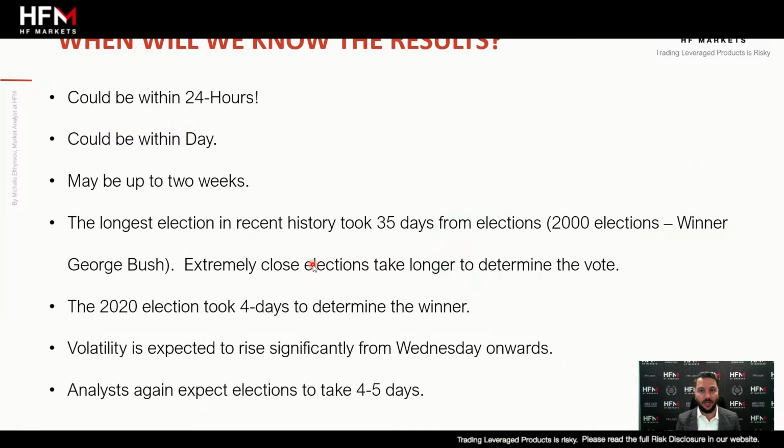There's a lot of countryside and rural areas. It's very difficult for people to vote. So in Nevada, people actually vote via mail. So of course it takes a long time to count those votes and for all those votes to be collected. Whereas New York tends to see their votes counted and released very quickly.